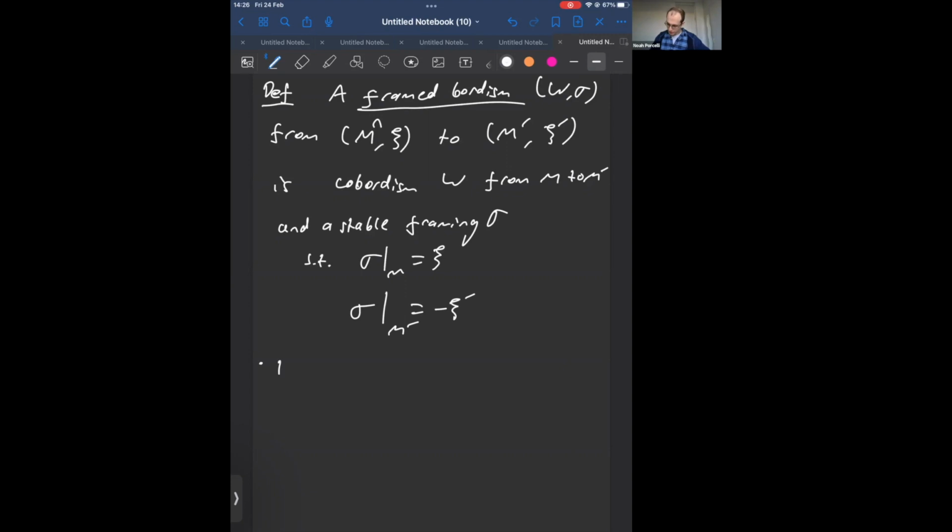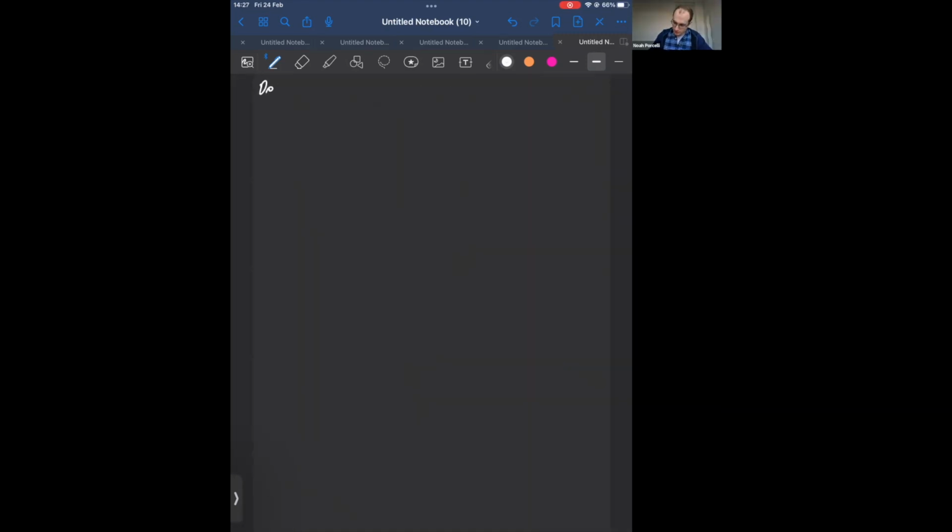And framed bordism is an equivalence relation on framed manifolds. So now we can consider the quotient by this equivalence relation. And so I'll define the framed bordism groups to be this quotient. I'll write it as Omega framed n.